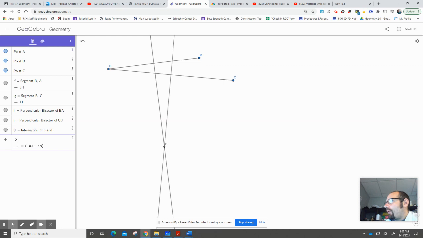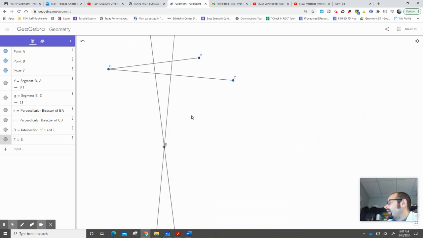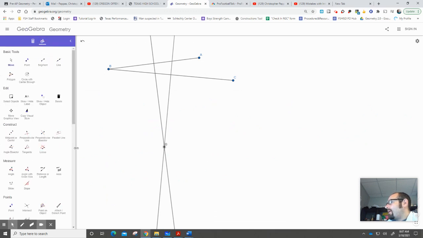So negative 0.1 and negative 5.9 is our coordinates for D. I just put D at negative 0.1 and negative 5.9, and now that's going to be the center of our circle. Again, point D, which we have down here, is the center of the circle.